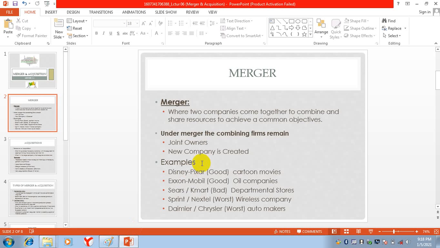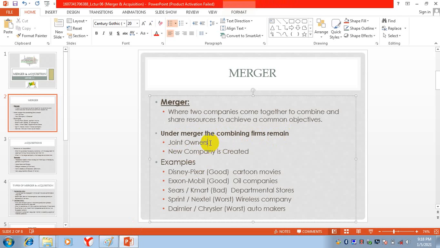Now, under a merger, the combining firms remain joint owners.